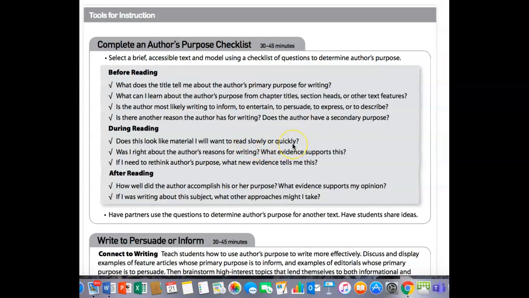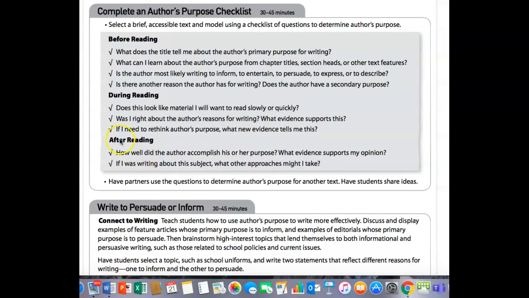If they're writing about something you're familiar with, you could probably read it a little more quickly. Was I right about the author's reasons for writing? What evidence supports this? If I need to rethink an author's purpose, what new evidence tells me this? Maybe there's a secondary purpose. And then after reading, how well did the author accomplish his or her purpose? What evidence supports my opinion? If I was writing about this subject, what other approaches might I take?